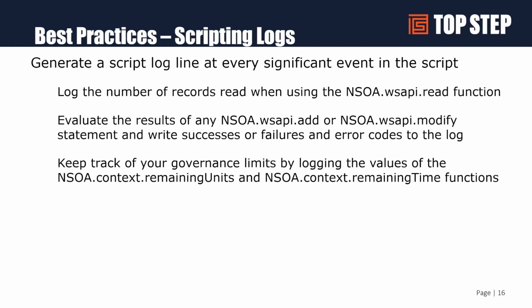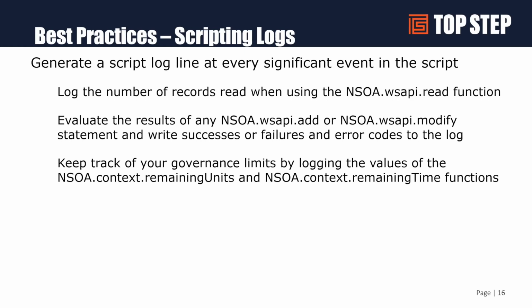So, some of the things that we do is log the number of records read when using the read function. This will tell you, within your read function, if it's filtering the way you expect it to do by reading what you're getting returned. Evaluate the results of any WSAPI add or WSAPI modify statement and write the success or failure and the error codes to the log.